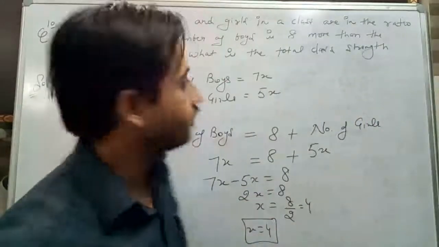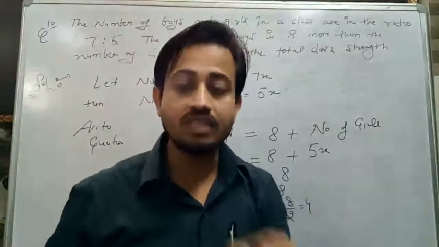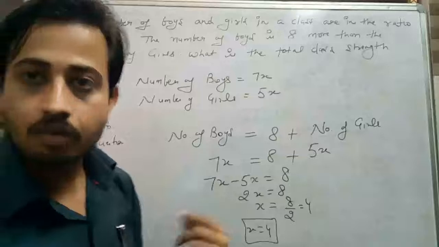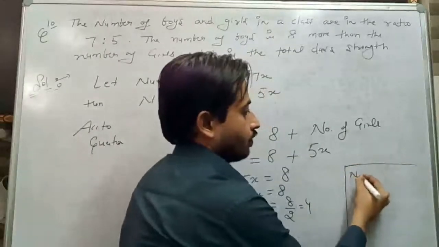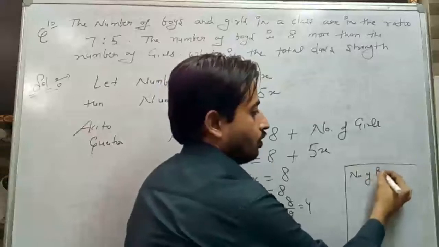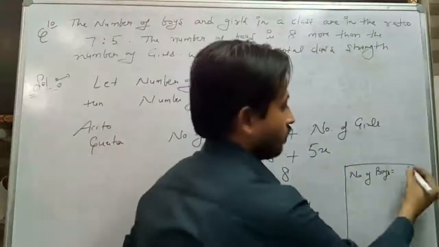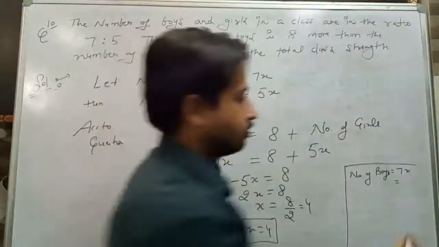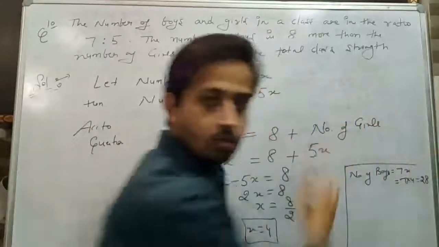But we have to find the total class strength. Total class strength means number of boys plus number of girls. So firstly we have to calculate the number of boys. Number of boys is equal to 7x. The value of x is 4. 7 multiplied by 4 is equal to 28.